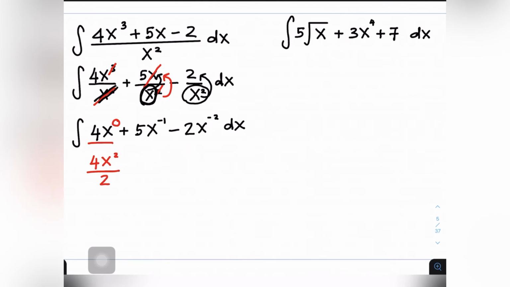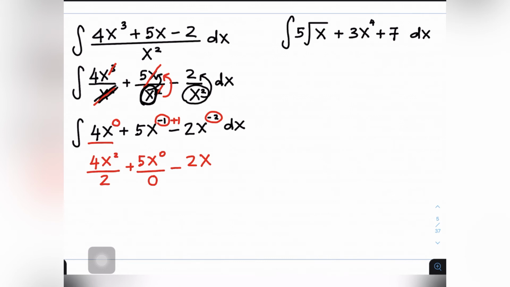Plus, you have 5x. So now your power is negative 1. The first step of integration, you need to plus 1. Negative 1 plus 1 is equal to 0. And divide it by the new power, which is 0. Minus 2x. Your current power is negative 2.